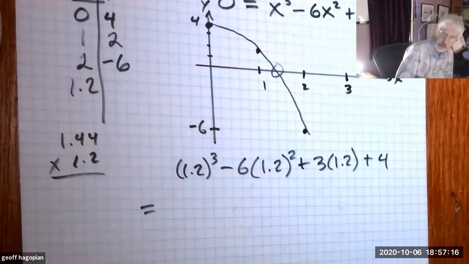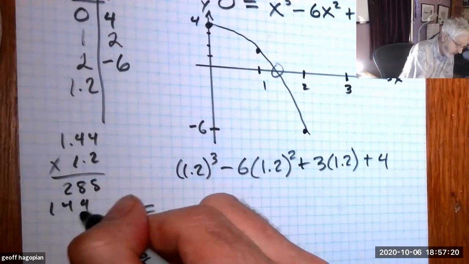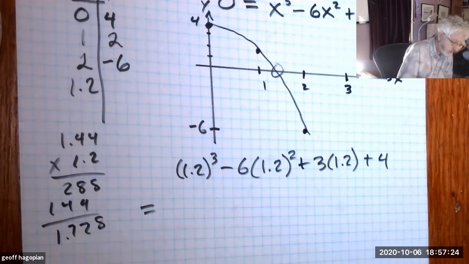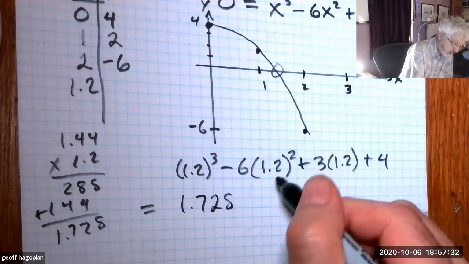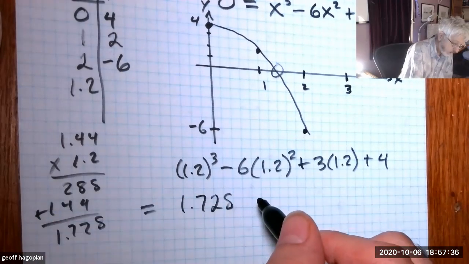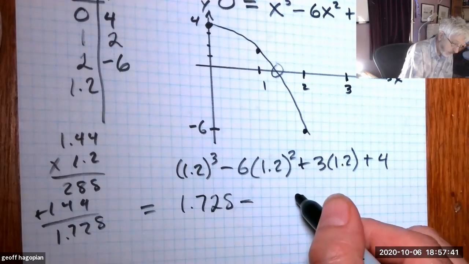So we do a little side computation here. 1728 with a decimal point there, so 1.728. And this is 6 times 1.44, which is 6 times 4 is 24.